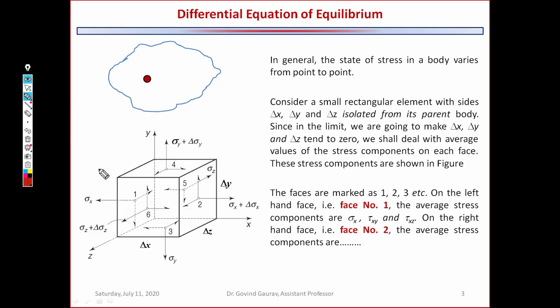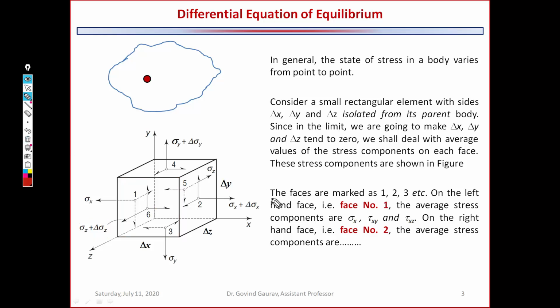Similarly, if we move to the z face, this is the z plane, a plane defined by the z coordinate. Again it is subjected to one value of the normal stress and two values of the shear stress. This is the first value of the shear stress, and this one is the other value of the shear stress.